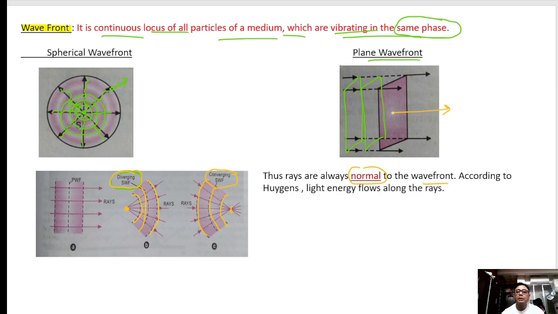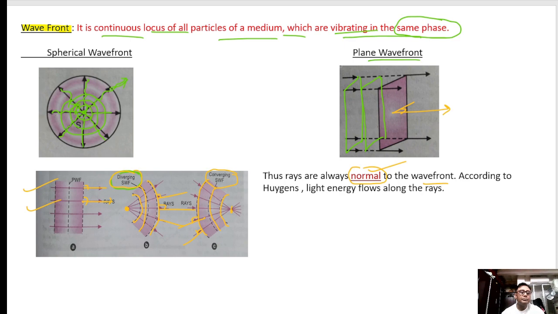These rays are perpendicular to each and every wave front. So whatever wave fronts you take, any type, the ray will always be normal to the wave front.